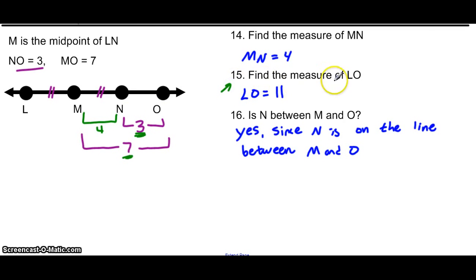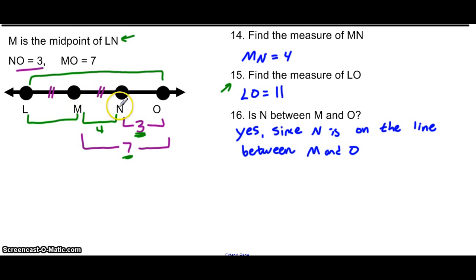15. Find the measure of LO. So L to O, this whole thing right here. This one's a little trickier. Well, I could do it, except I don't know how far it is from L to M, so that's something I've got to do first. In the beginning they told me that M was the midpoint of LN, and from that I knew that the midpoint breaks LM, this half, and MN, this half, into 2 congruent segments.